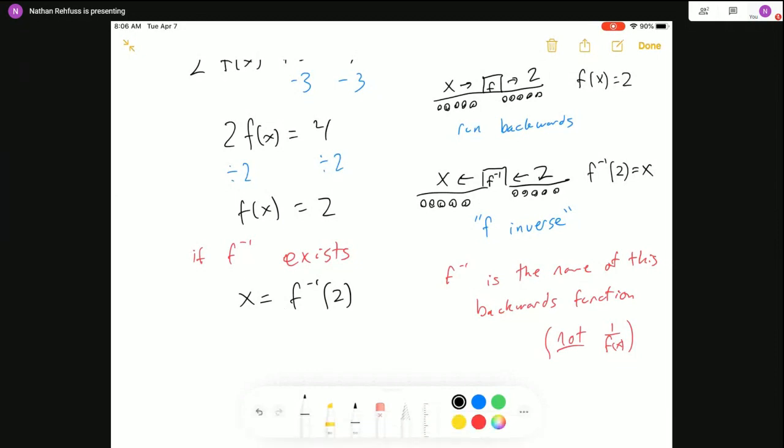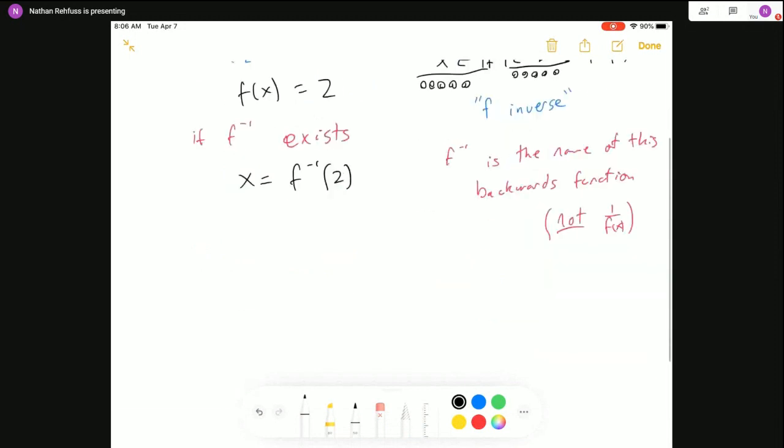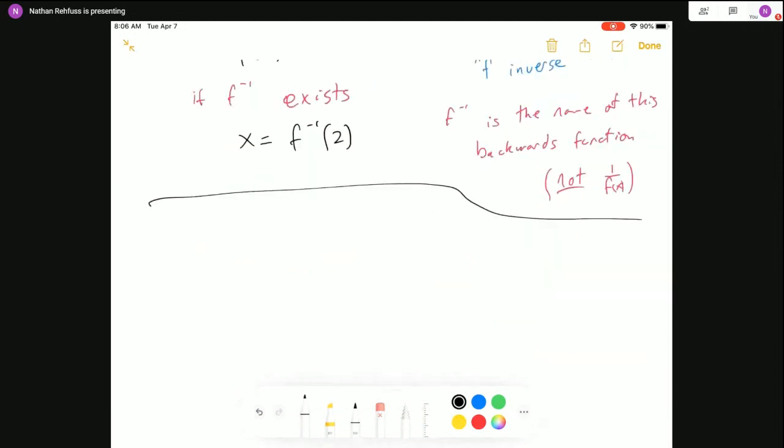So here's an example of a function that has an inverse. Maybe this will make things a little clearer. I'm going to say g is the function that converts degrees Fahrenheit into degrees Celsius.